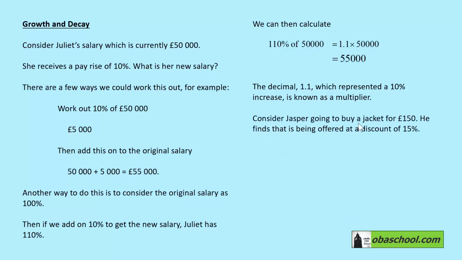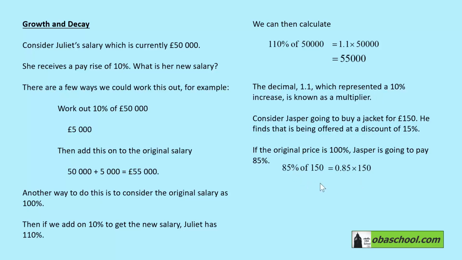Consider Jasper going to buy a jacket for £150. If the original price is 100%, what Jasper is going to pay is 85% because it's a 15% discount. 85% of 150 is 0.85 times 150.